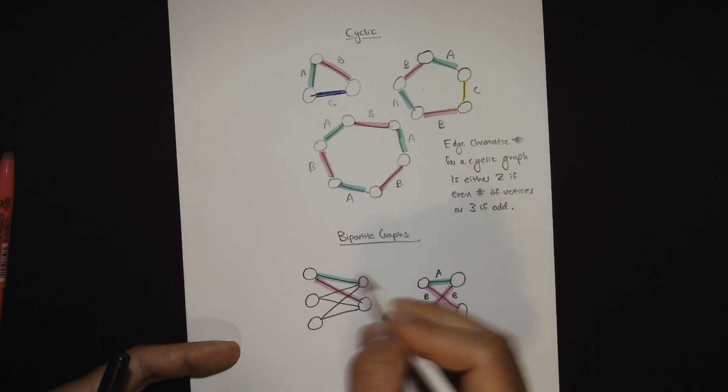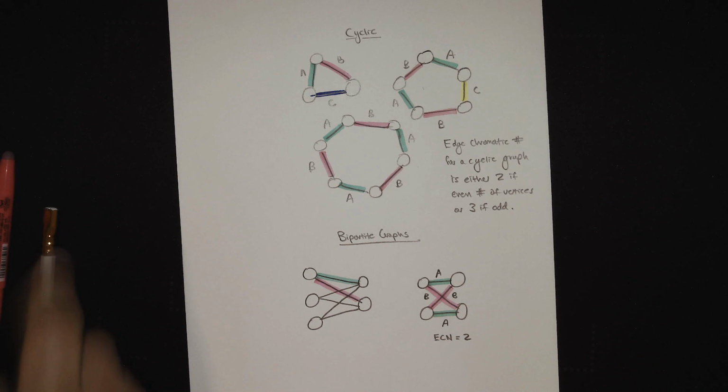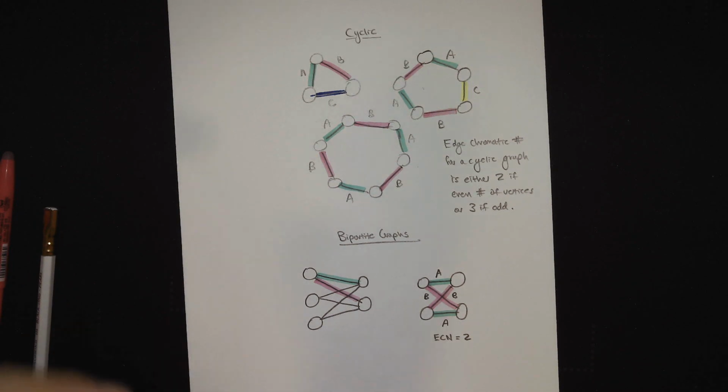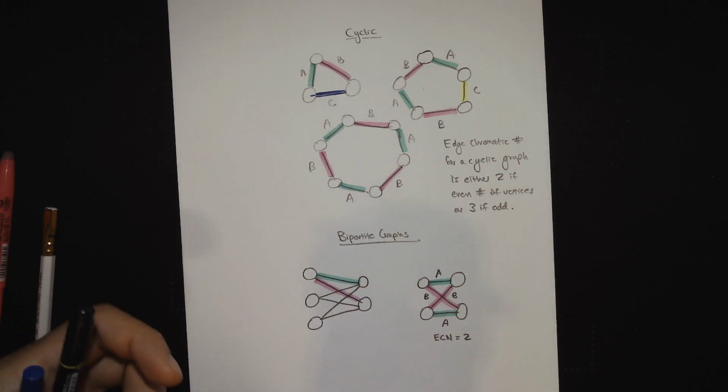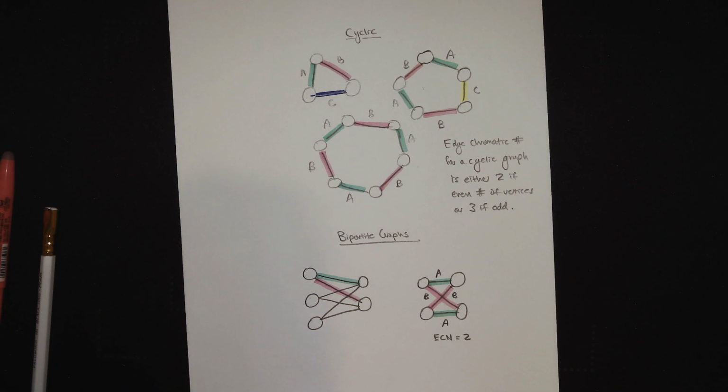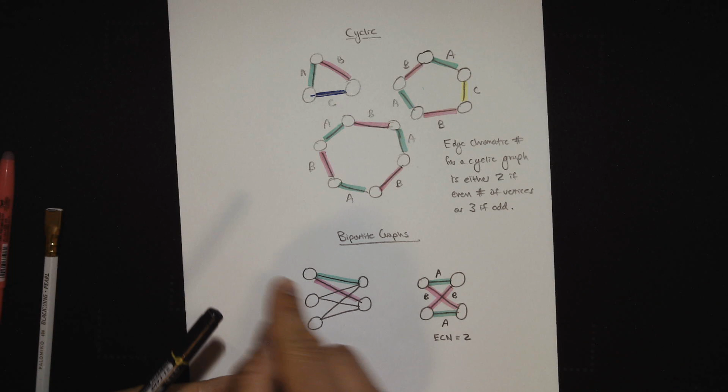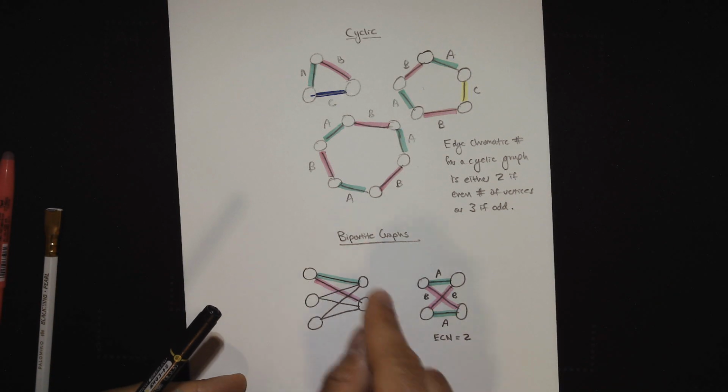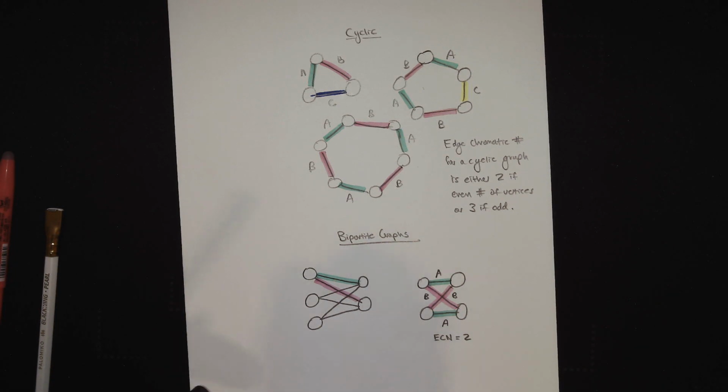We look at one of these vertices in the right column and see that they have a valence of 3. So we know it's either 3 or 4, the edge chromatic number of this graph.